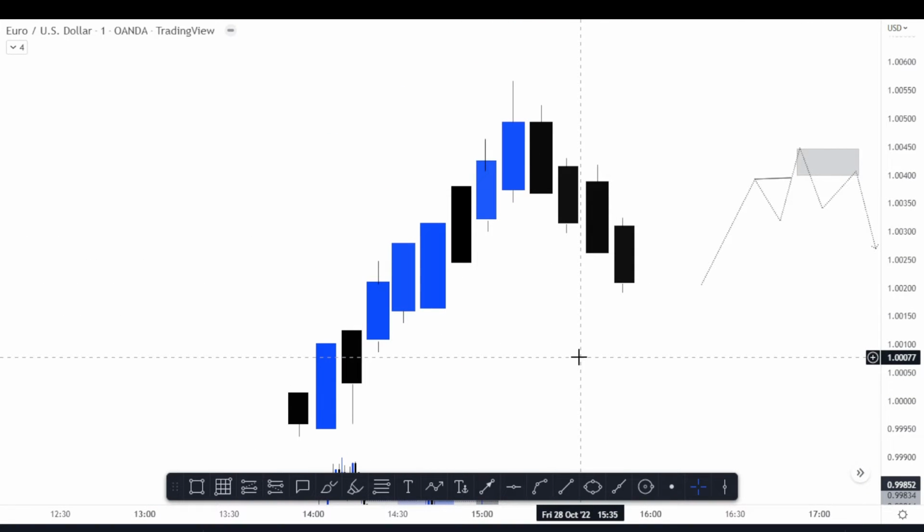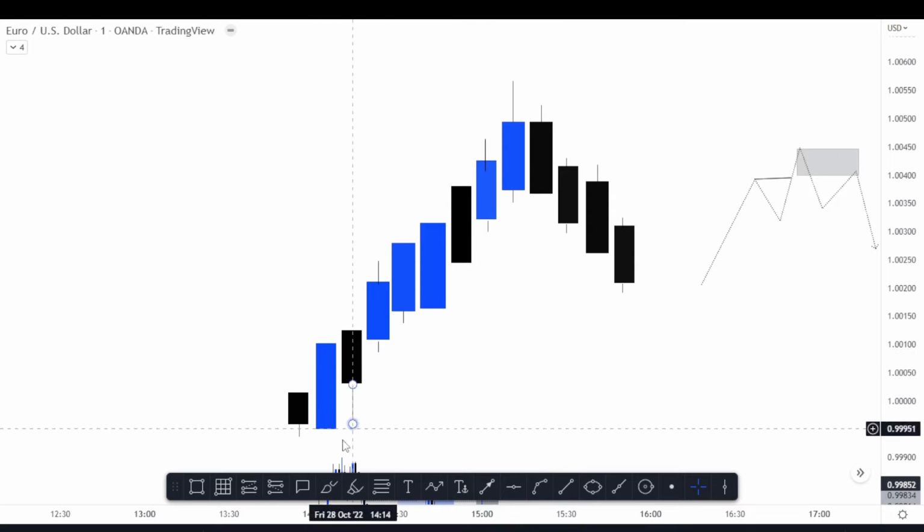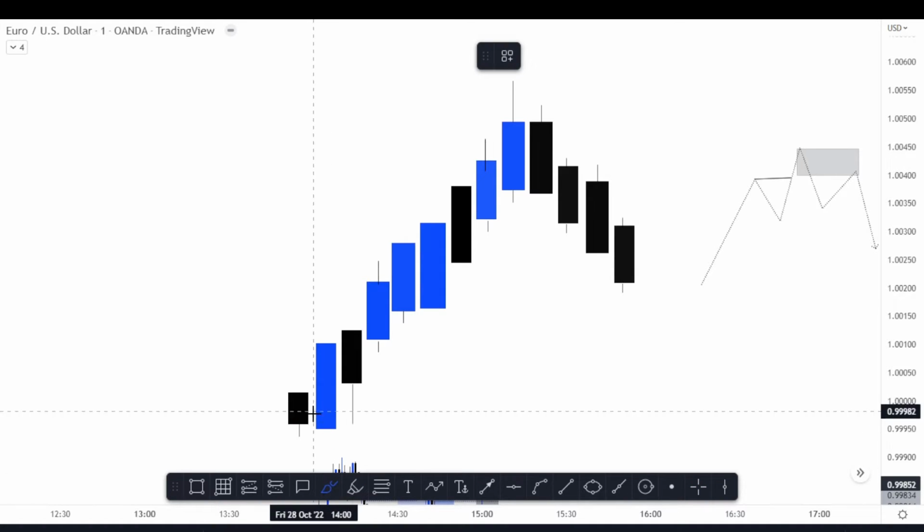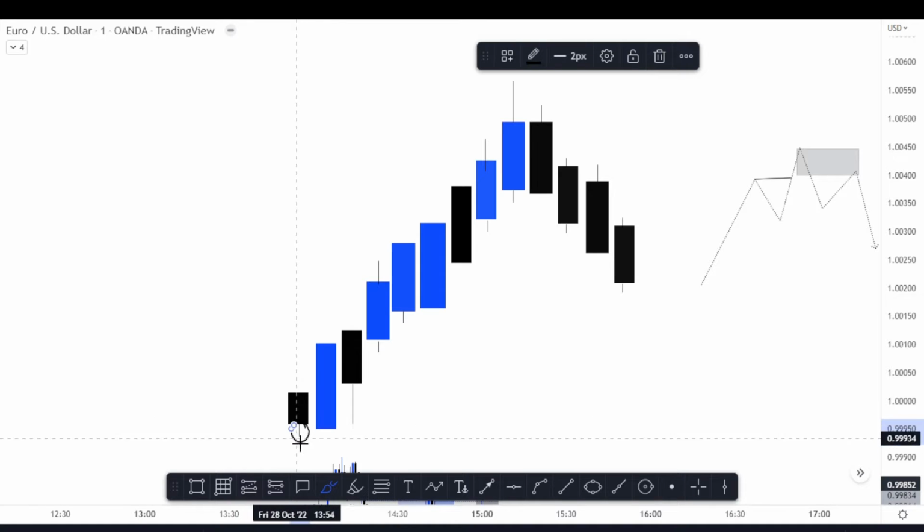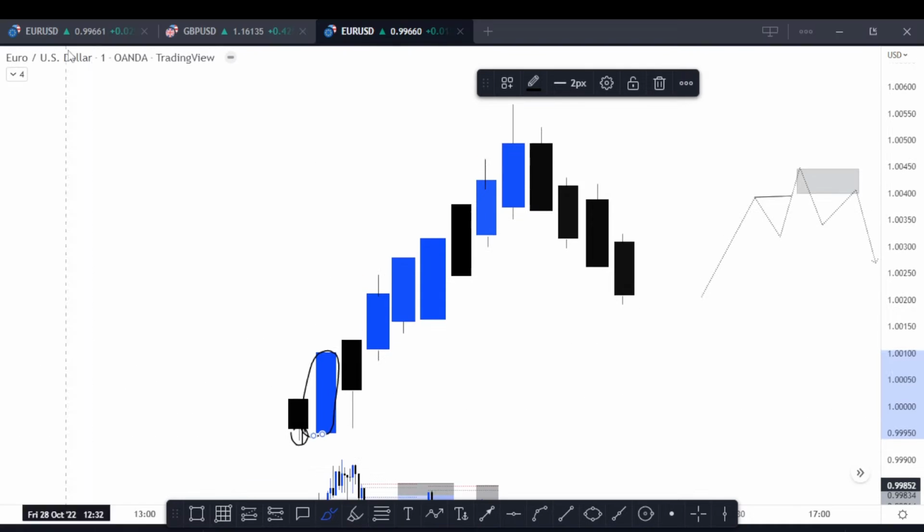Now the first thing you must understand is liquidity. Now liquidity on what? On each candle or the previous swing point. Now what we have here, as you can see, is this candle that engulfed this one, right? But if you notice, the wick of this candle is longer than the body that engulfed it, right?